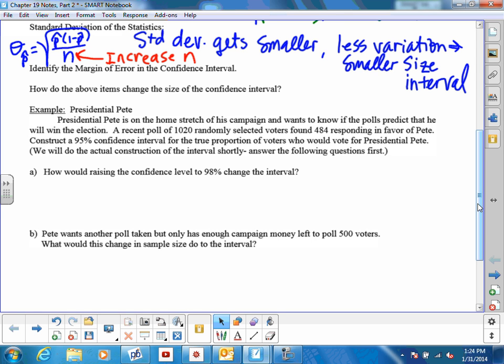Well, a recent poll of 1,020 randomly selected voters, which is about what the Gallup polls use when they do theirs, found 484 responded in favor of Pete. Construct a 95% confidence interval for the true proportion of voters that are going to vote in favor of him. So he wants to know where he stands.